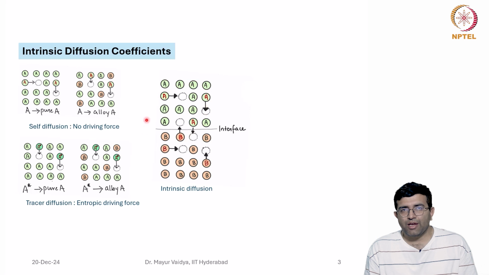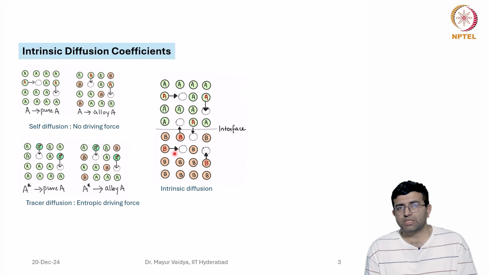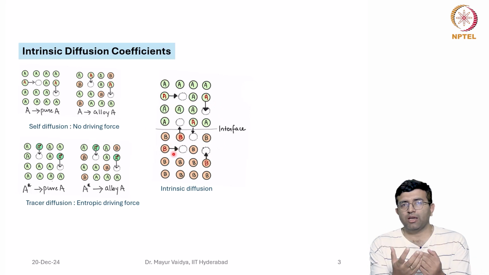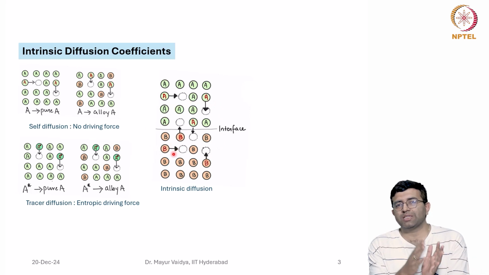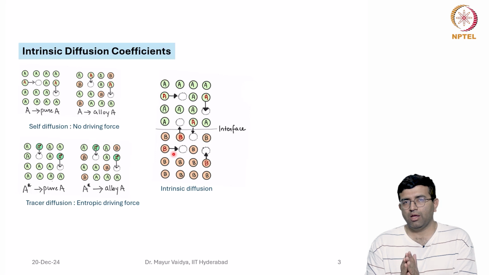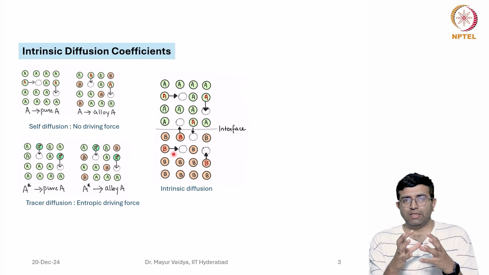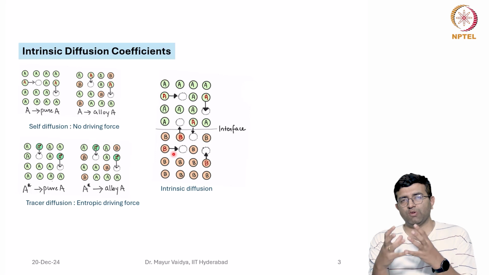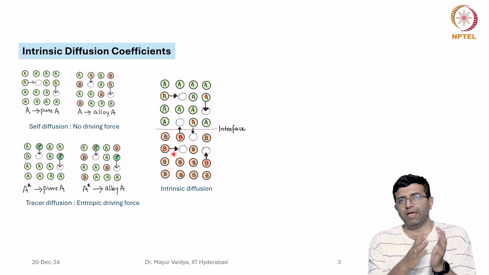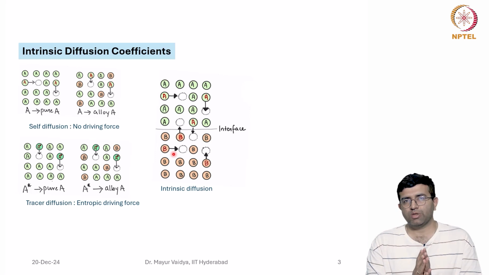In this scenario, when there is a driving force present, how fast the A atoms are diffusing is what is known as the intrinsic diffusion of A, or the intrinsic diffusivity of A. Whenever you use the word intrinsic diffusion, inherently you are implying that there is a chemical driving force present.